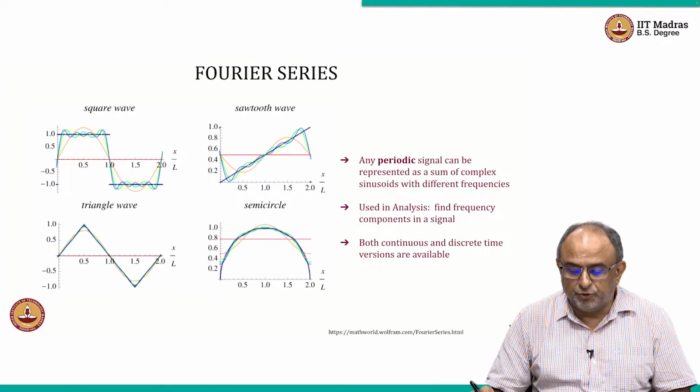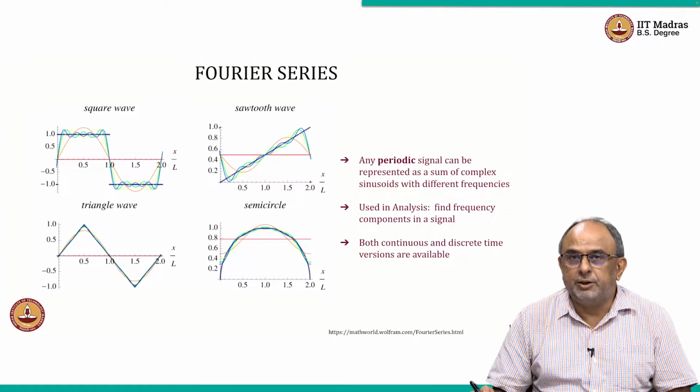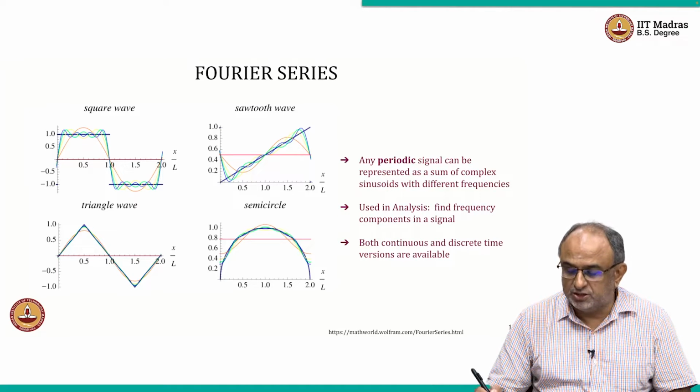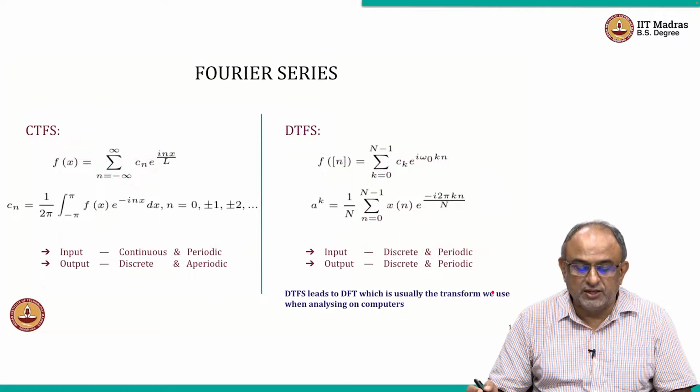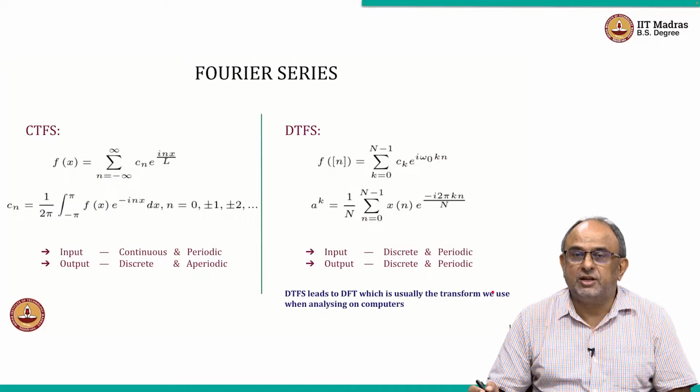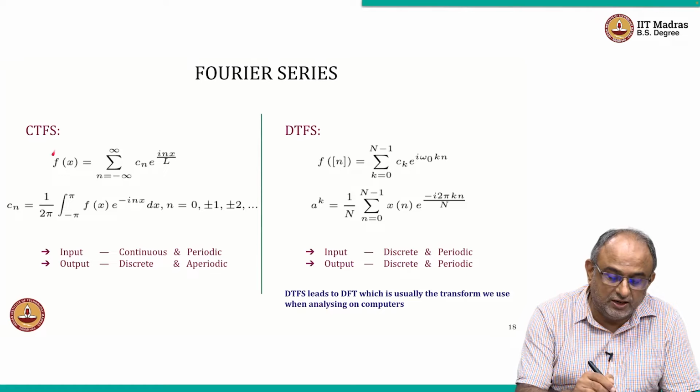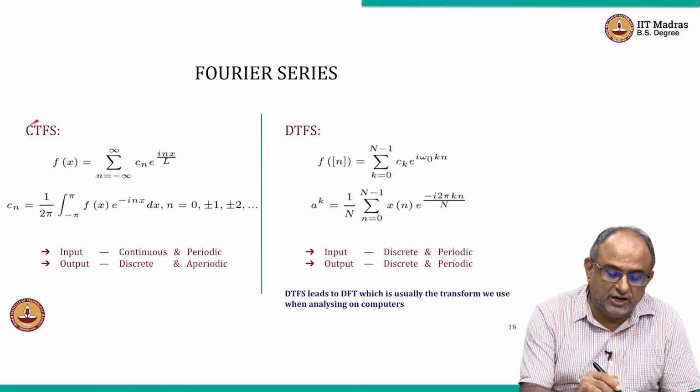And therefore, depending on what kind of signals I'm dealing with, I can have different kinds of Fourier representations. One of the typical things that we do is continuous time periodic signals. So f of x here is assumed to be continuous time periodic, and therefore we have what's called the continuous time Fourier series.